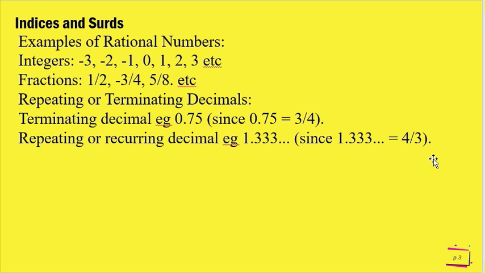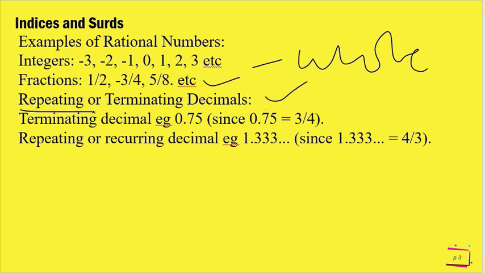These are whole numbers. The second one is fractions. Any fraction is a rational number. Then we have terminating decimals and repeating decimals; another name for repeating decimals is recurring decimals.